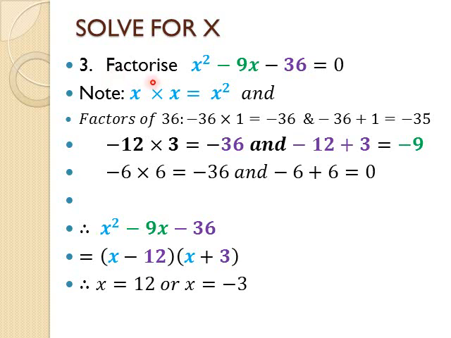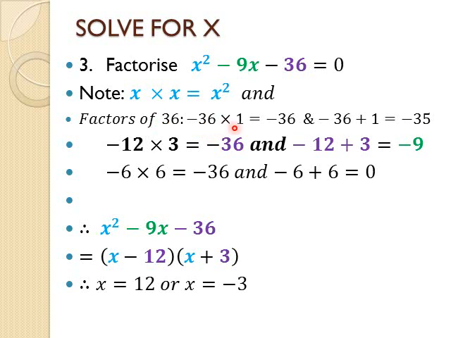Right, factorize. Now problem number 3, we've given you a trinomial or quadratic equation. I have x squared minus 9x minus 36. We assume you know by now x squared is simply x times x, right? But we must be able to use the factors of 36 to get to negative 9. So I take factors of 36.